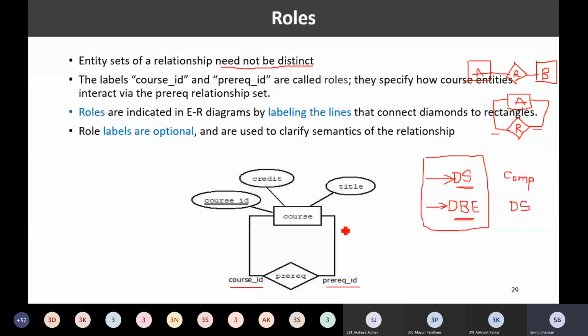So this is how we can depict the roles by making use of an ER diagram. I hope the concept is clear. If you have any doubt, please let me know. Very important concept. Many times we need to depict such kinds of relationships by using roles.